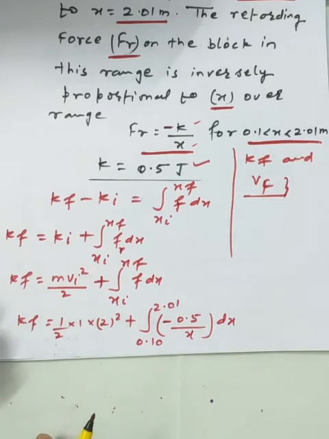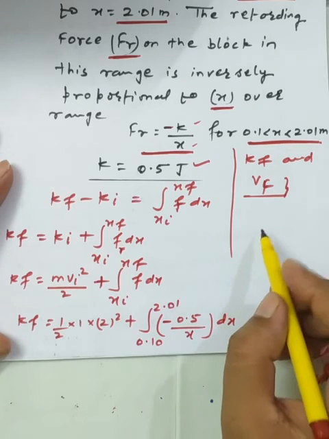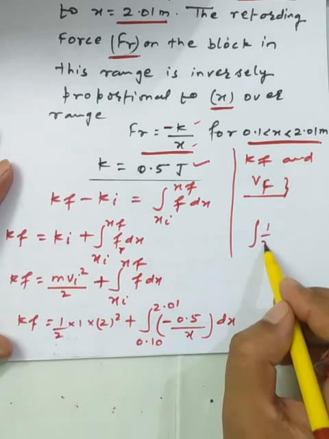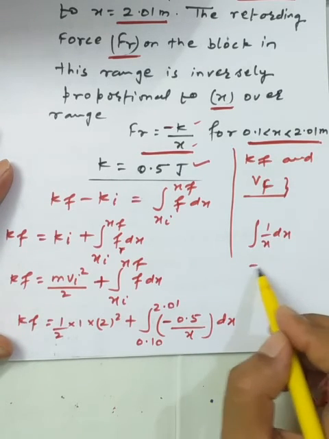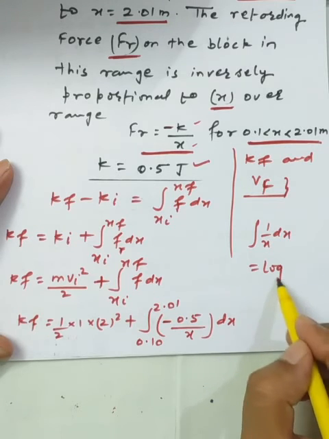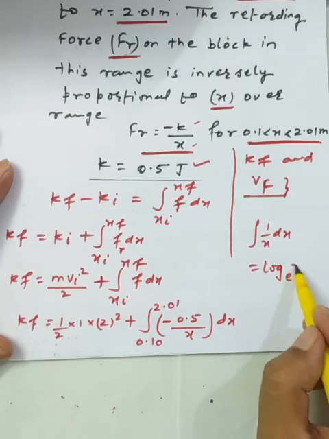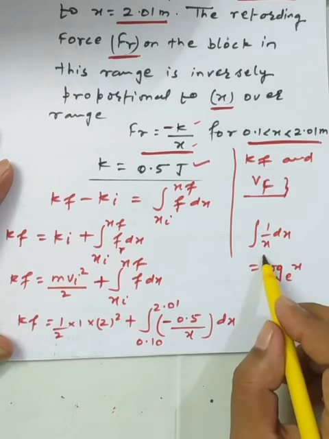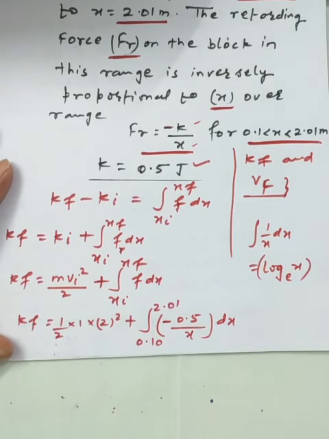So here we have the basic formula: the integral of 1 upon x dx is generally regarded as the Napierian log, that is log base e of x. This is the general formula which I will use here.